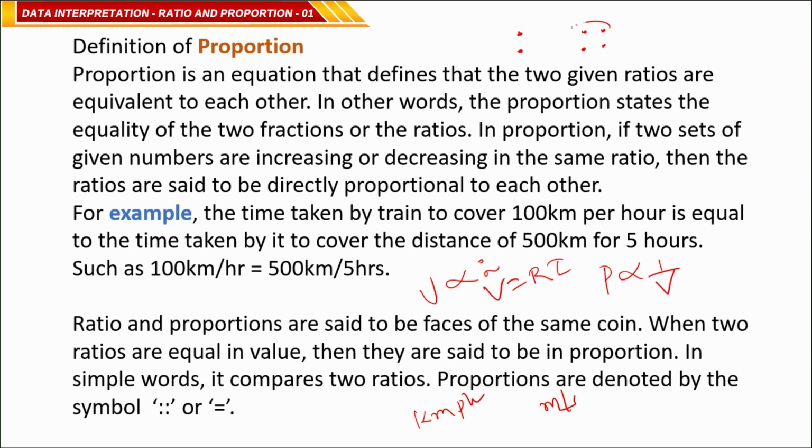This is called 'is as'. So, this is the symbol for ratio and this is the symbol for proportion. So, we can understand the difference between these two. Actually, comparison of two ratios is called proportion, that is it.